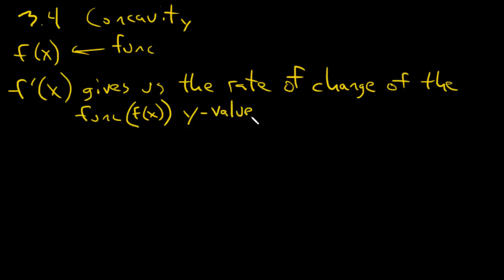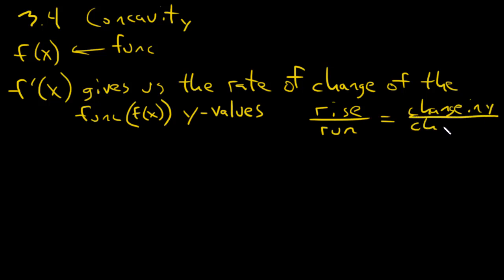Also look at it that way, and that is totally not surprising because what is the definition of slope to begin with? Well, it's rise over run, which is the change in y over the change in x. For a change in x, how much does y change is usually the way we think about it.